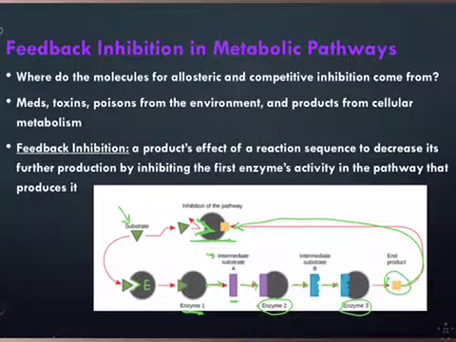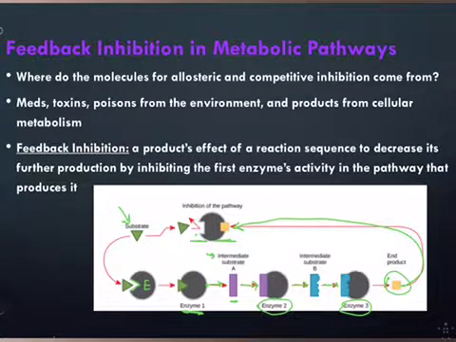The active site is right here, and it changed the shape. Instead of it being triangular now, it's square. So can this triangular substrate fit into it? No. So allosteric because it's away, and it's inhibitive because our substrate can no longer fit into the active site.